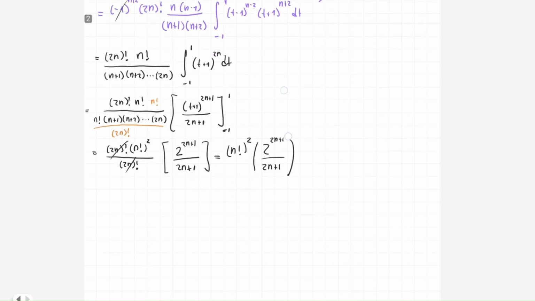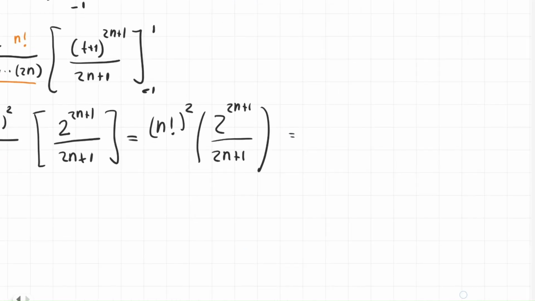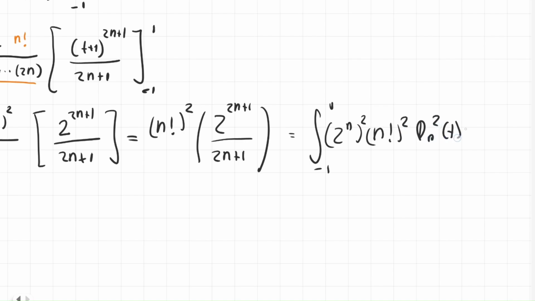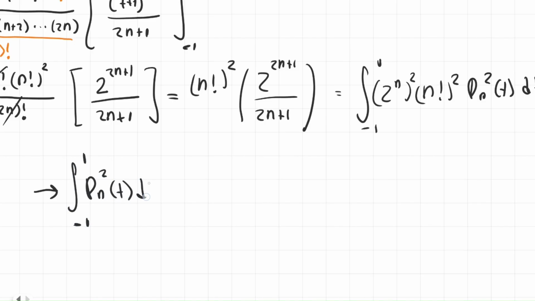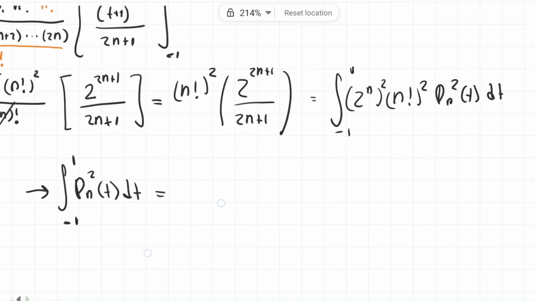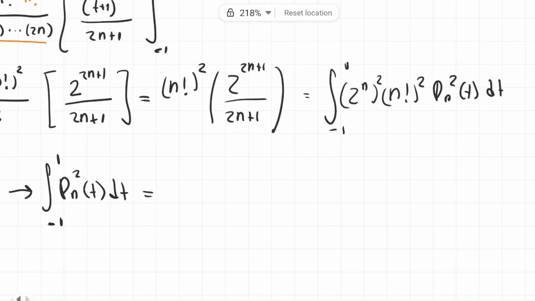Okay, so again, this is equal to the integral from minus 1 to 1 of 2 to the n squared n factorial squared p n squared of t dt. So this leads us to the integral from minus 1 to 1 p n squared of t dt equals to, what is this going to be?